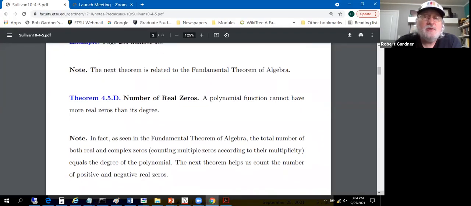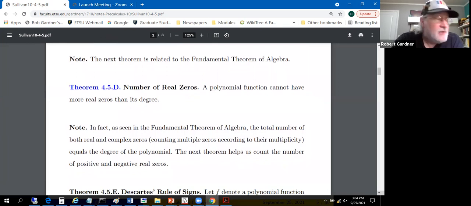The next theorem is not the fundamental theorem of algebra, but it's related to the fundamental theorem of algebra. And it tells us how many real zeros a polynomial function can have. A polynomial function cannot have more real zeros than its degree.